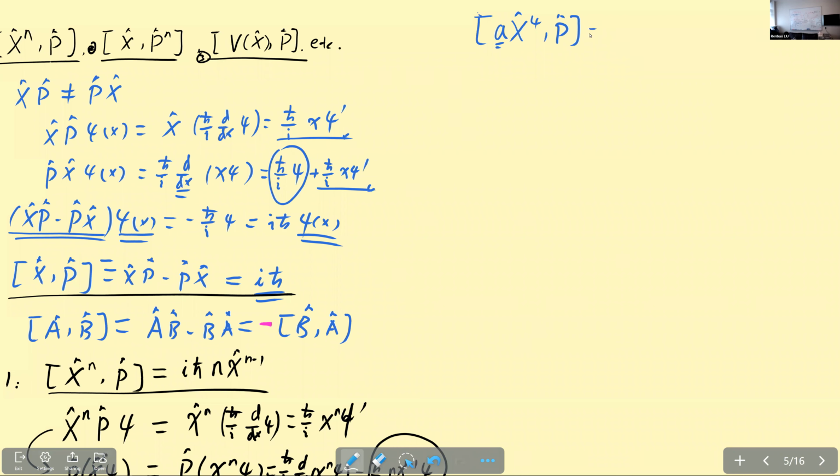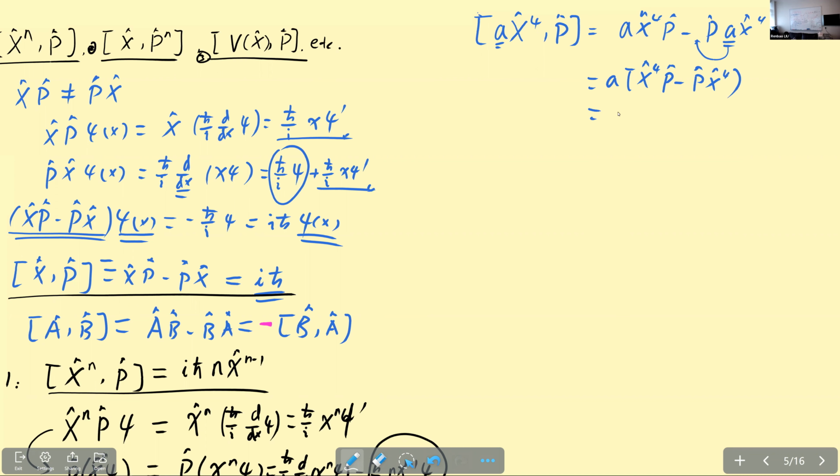You can see that this one equals a x to the fourth power times p minus p a x to the fourth power. But you know that this a is a constant, so you can move this a freely to the left. So that will equal a times x to the fourth power p minus p x to the fourth power.